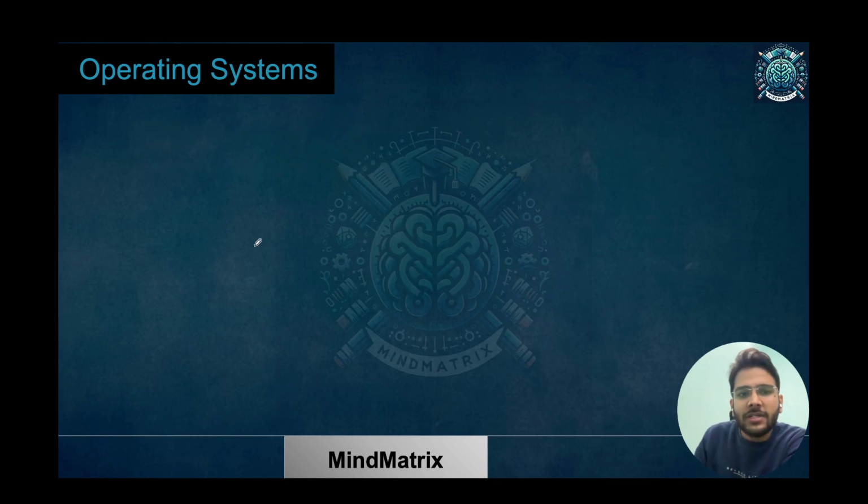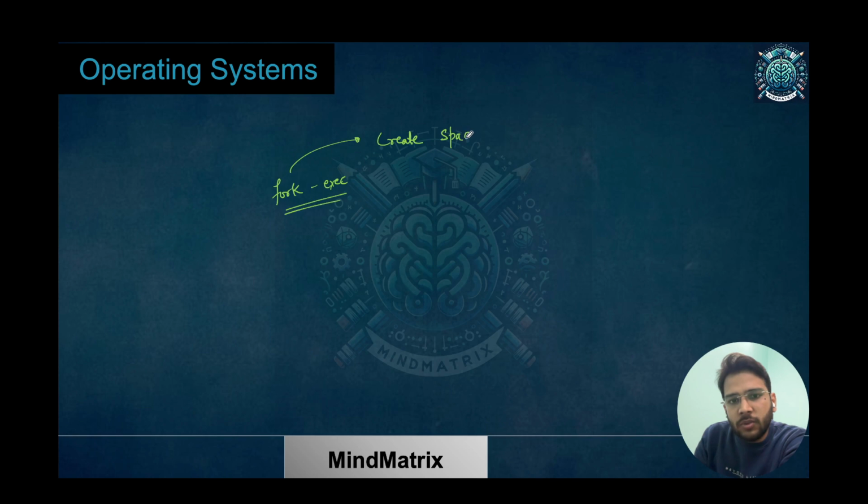Now we need to understand here that we have two system calls, fork and exec. So this fork is going to create space for your executable file. Let's say you have one program, demo.c. You compiled it, and finally you get the executable code, which is demo.out.